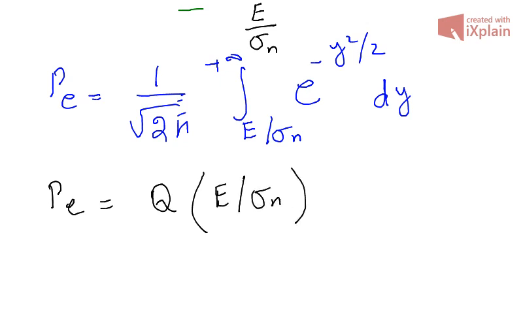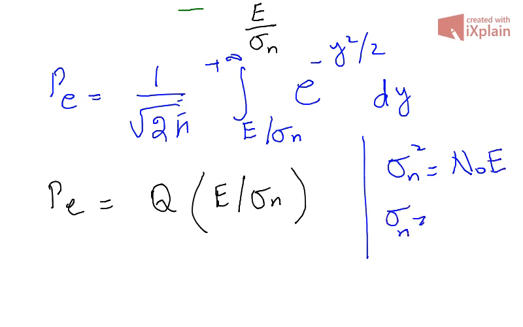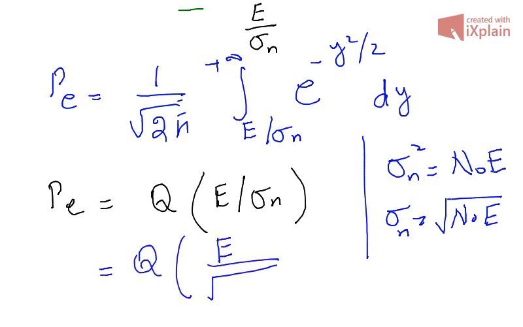Now E is the energy of the signal, sigma n is the noise standard deviation, and we already derived the noise variance. We said that our noise variance is equal to n naught times E, right? So the standard deviation is square root of n naught times E, right? So if you put this value, you can rewrite your Q, which is E over square root of n naught times E, right?